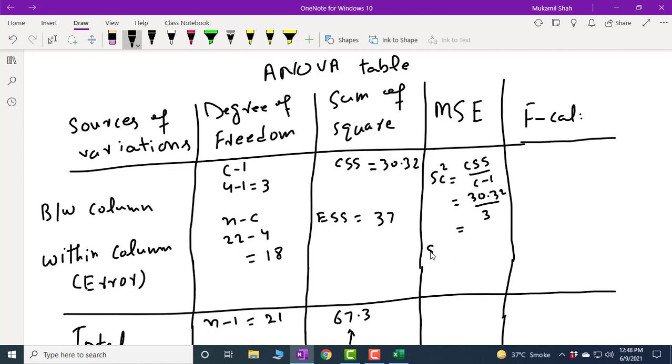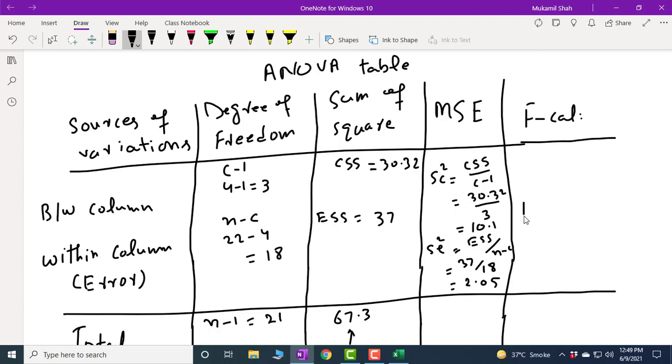Similarly, if you want to calculate S E square, this is equal to error sum of square divided by its own degree of freedom, n minus c, and error sum of square is equal to 37 divided by 18. So you get the error S E square. Okay.